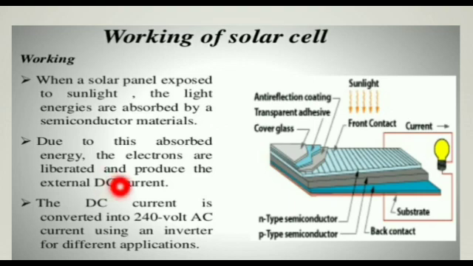Now the DC current is converted into 240 volt alternating current using an inverter for different applications. So that DC current is converted into AC current with the help of the inverter, any type of inverter.